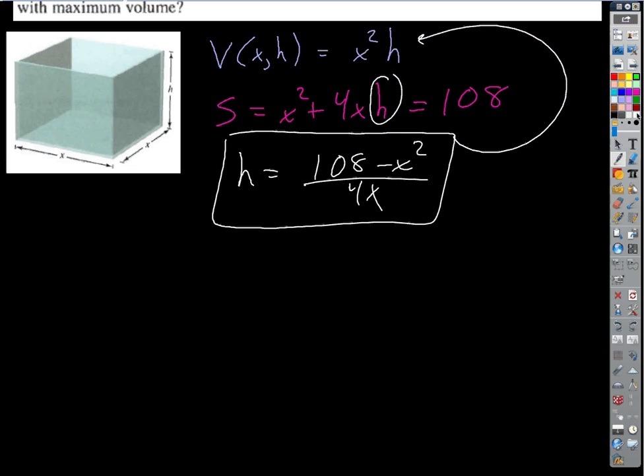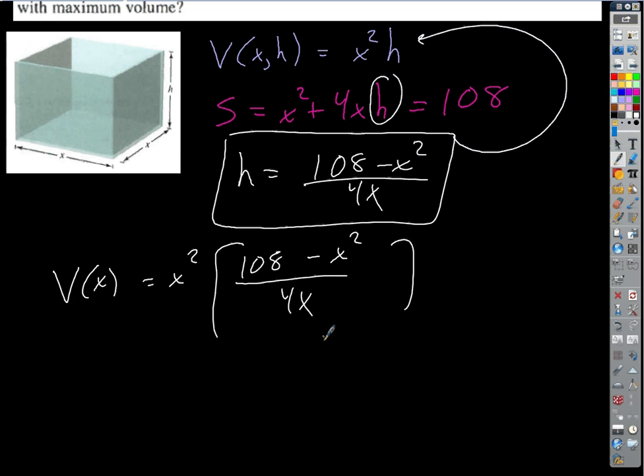Then we end up with volume as a function of x, because I'm substituting in for the h, is gonna equal x squared times all that stuff, (108 minus x squared) over 4x. Right, and look, I can do some stuff now that's helpful. I could cancel an x top to bottom, and then just distribute that x, right?